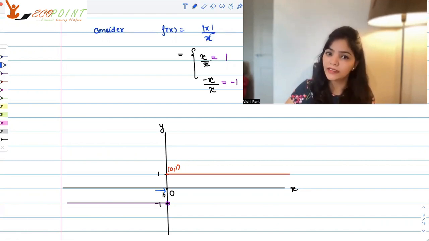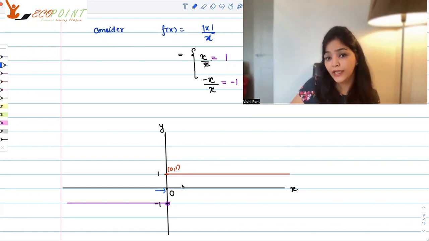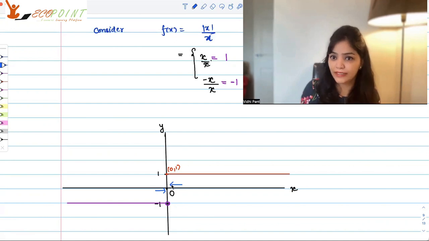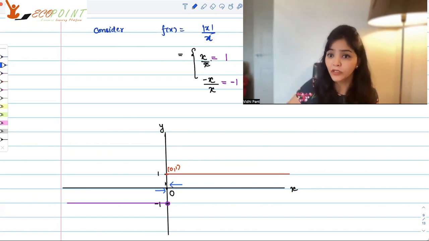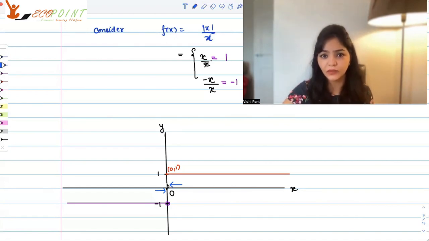On the other hand, the moment I see x approaching 0 from the right of 0, that is, the value of x being just a little more than 0, I can see that the function is approaching 1 at that moment. So what is it telling you? If you visualize this function from the left of 0, the value turns out to be something else.